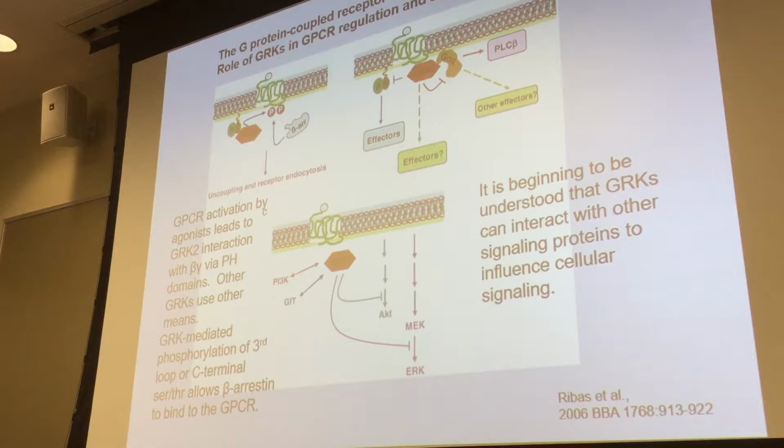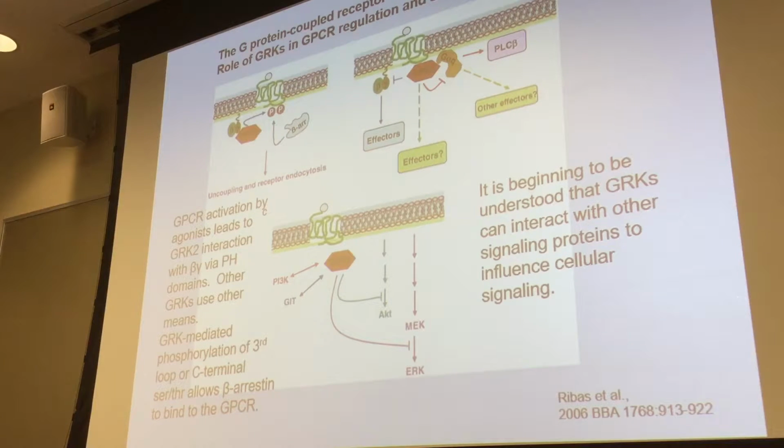So there's a limited number of proteins. They're pretty selective, but they're going to recognize hydrophobic proteins, and they're going to bind. So this binds via the PH domain, and this is the only one of all of those GRKs that actually works this way.